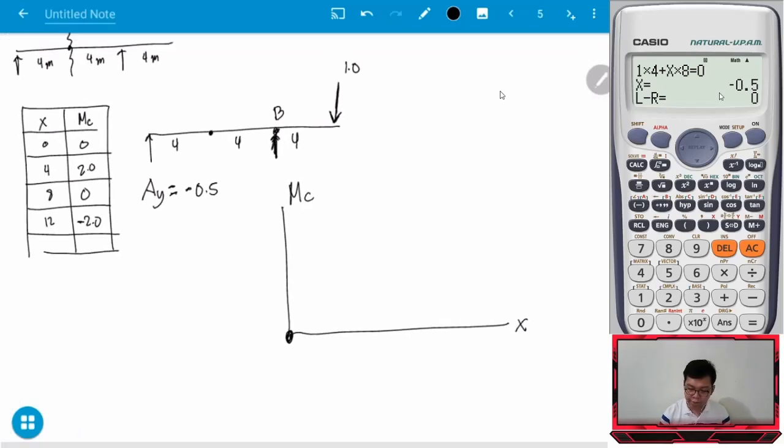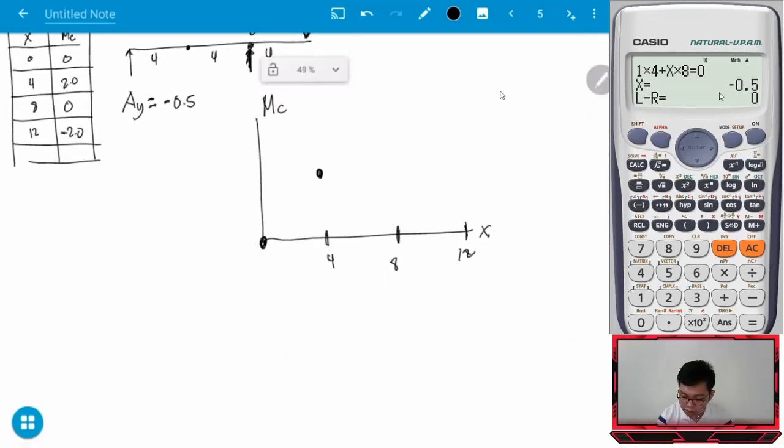And then, 4, 2.0. So, 4, dito na lang, dyan na lang. Okay, so 4, 8, 12. So, 4 is 2.0, so siguro nandito. And then, yung next is 8, 0, so nandito. And then, yung last is 12, negative 2, so nandito.